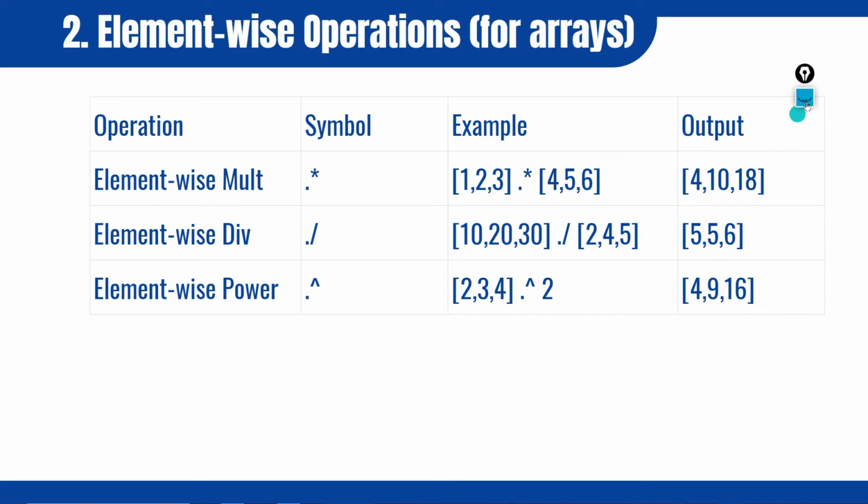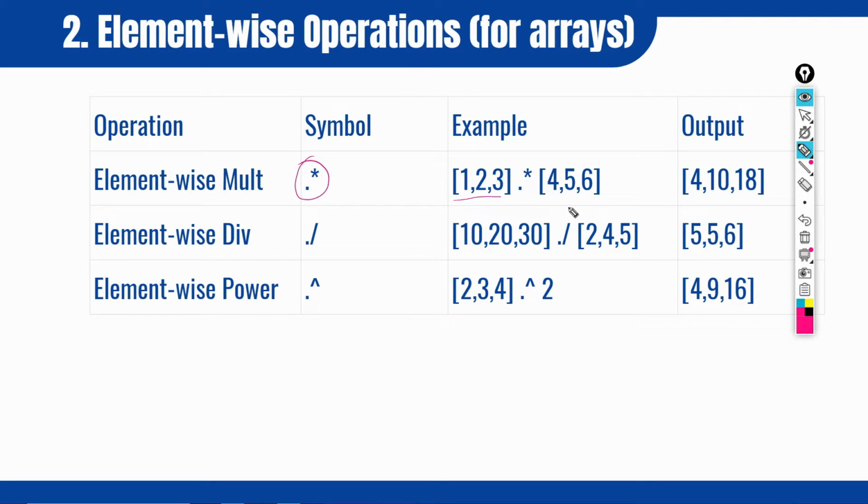Here we have some element-wise operations, and these are very important to consider here. So here you can see that when we have two arrays and we want to multiply these two arrays element by element, in that case we have to use the dot product symbol. See here, this is the example.